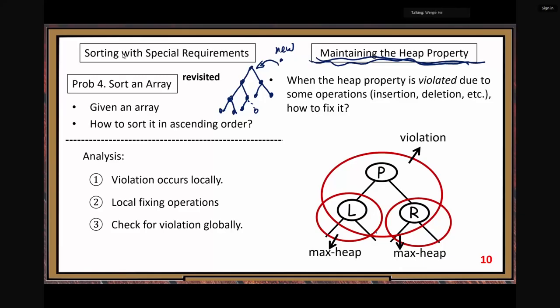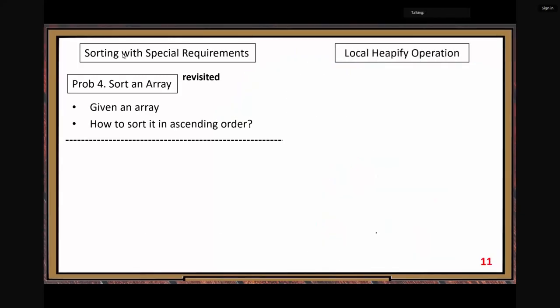For that reason, you need to check other places also, globally. This is a recursion approach. We call this a local heapify operation. So here we use a recursion approach.